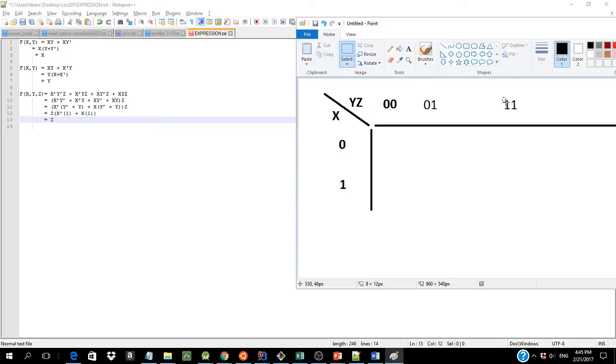Or let's see if I can move this guy. Paint master. And then now let's see, this is only one change, 0 to 1 and 1 stays the same, which is fine. And then the last one is 1, 0, also one change, right?